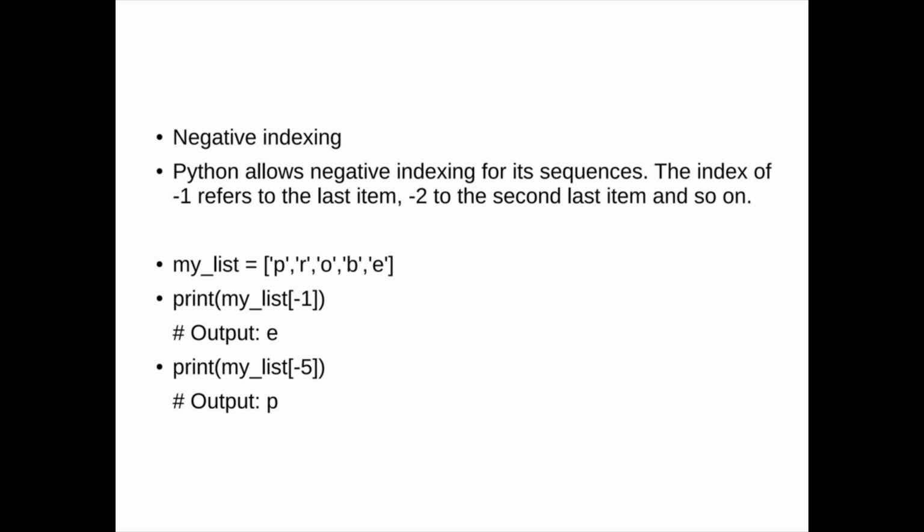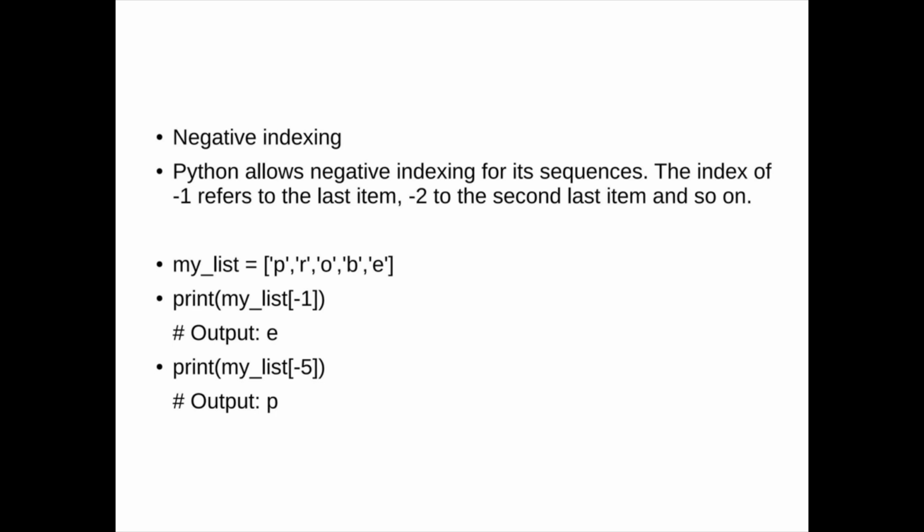So finally, it should be displayed with print of my list of -1. -1 is assigned to E. So the negative index is represented from right to left, and the positive index is assigned from left to right.